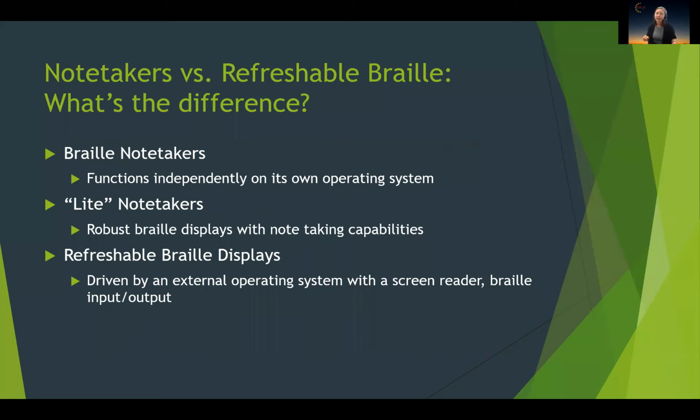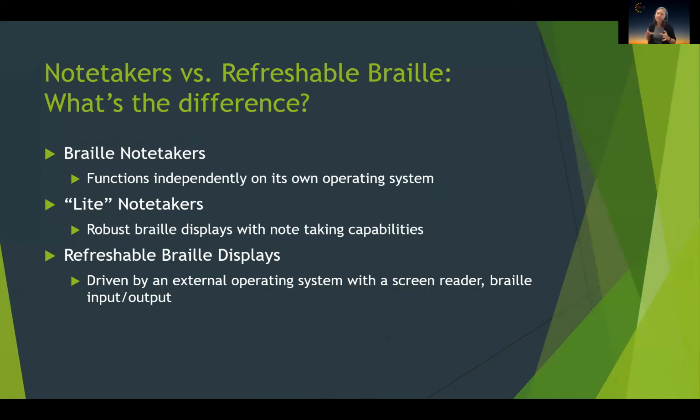So, note takers versus refreshable Braille. What is the difference? In brief, and then I'll go into details on these different categories. Braille note takers function independently on their own, and they have their very own operating system, and they are a very robust device just by themselves. Light note takers, and I put light in quotes, are robust Braille displays with note-taking capabilities.